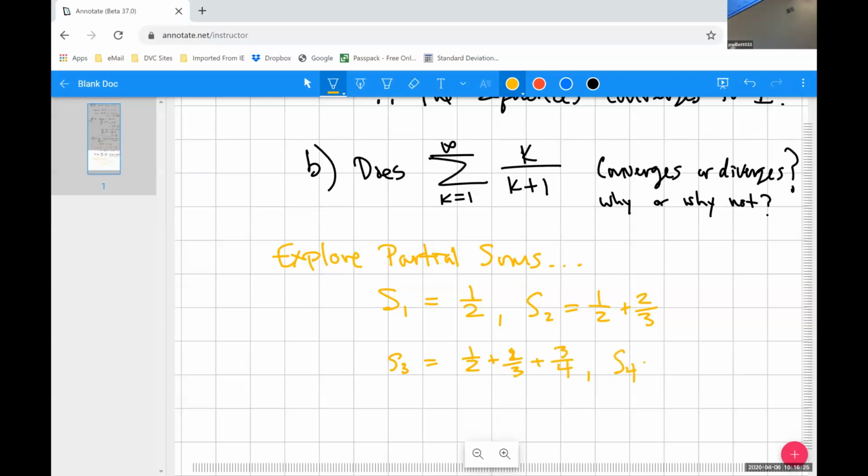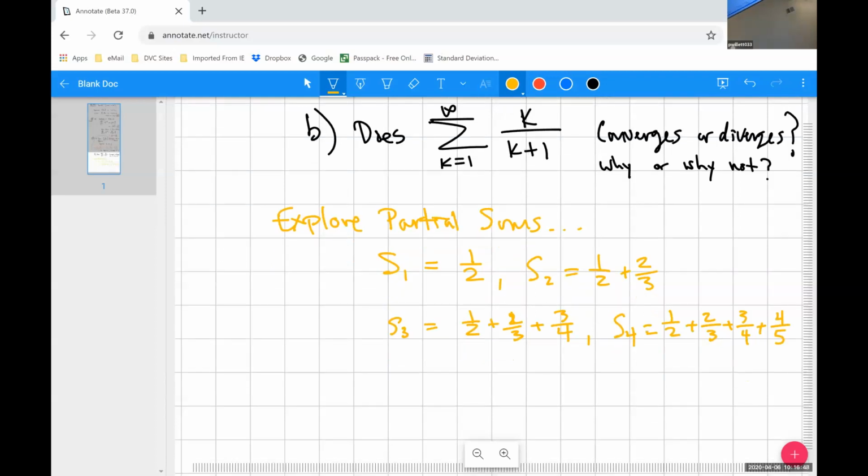S sub 4, 1/2 plus 2/3 plus 3/4 plus 4/5. So you can add these together or try to imagine what's going on, but this is the goal.